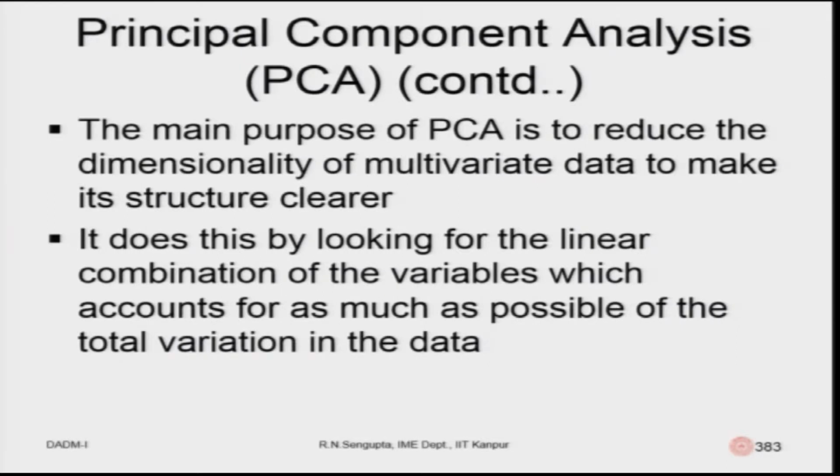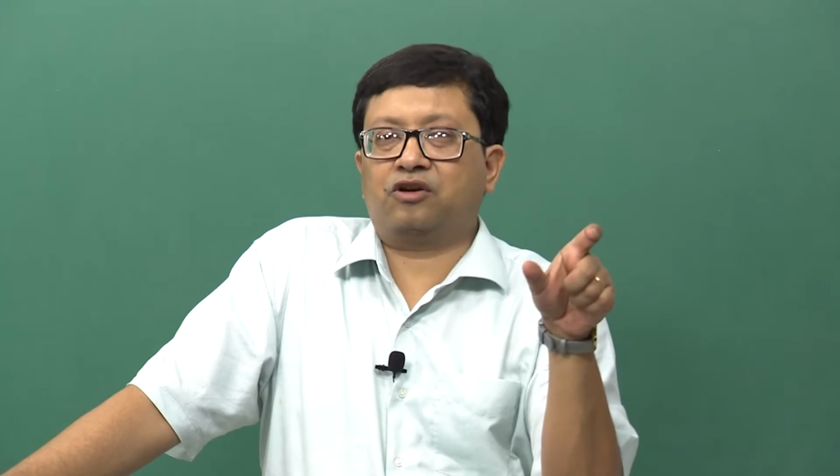PCA basically does this by looking for the linear combination of the variables. Combining the variables linearly means those x1 to xp which are there, we give them some weights such that the combination of them would give us the dependent structure stage by stage. That means, we want to give the maximum amount of information based on the first set of linear combination.